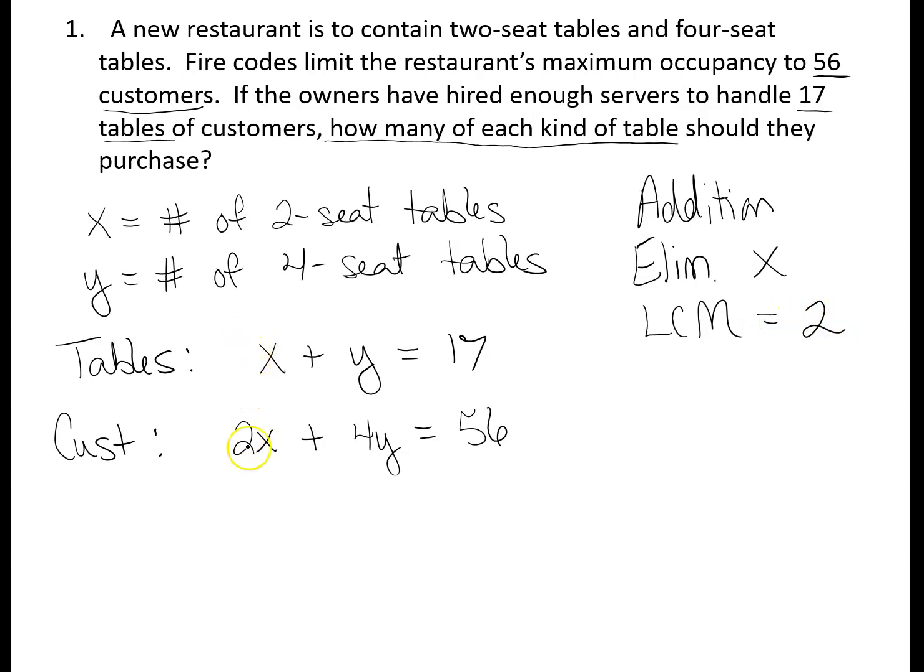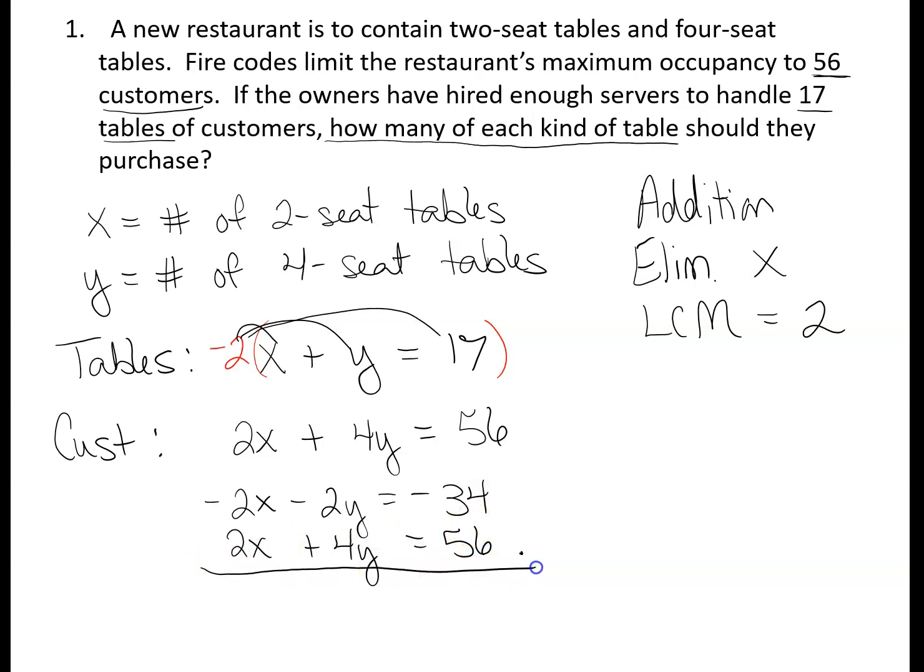If you've got a 1, then it's always whatever the other number is. So, I'm going to leave this one as 2, then that means this one needs to be -2. So let's multiply that top equation by -2. So that'll make -2x, -2y, and also by the constant is a -34. Then the bottom equation is going to stay the same.